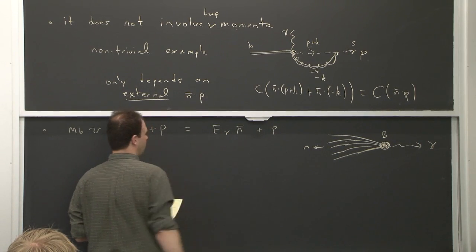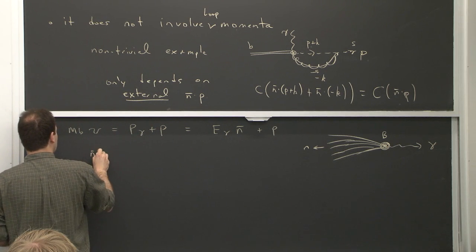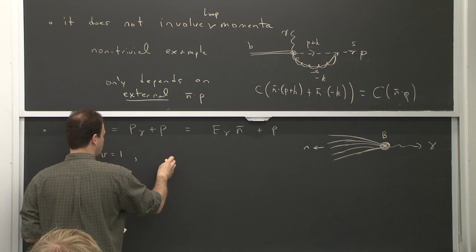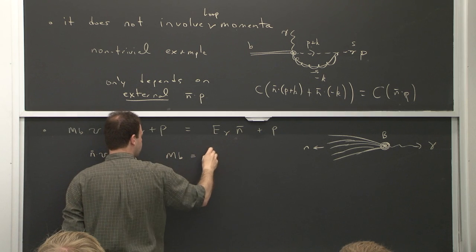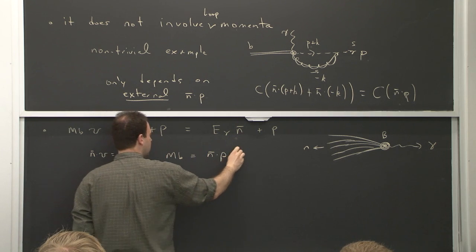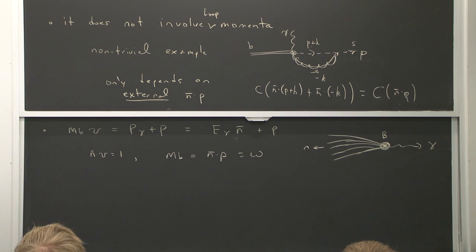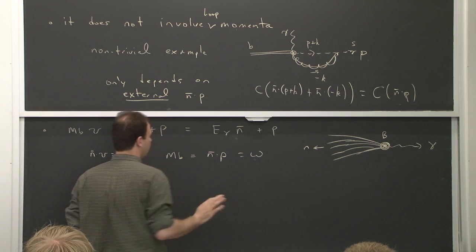And so if you dot into this equation n bar, since n bar dot v is 1 in conventional coordinates, we just get that m_b is 0 plus n bar dot p, and that's the statement that omega was just m_b. So when we were doing our loop calculations last time, we kept writing m_b.